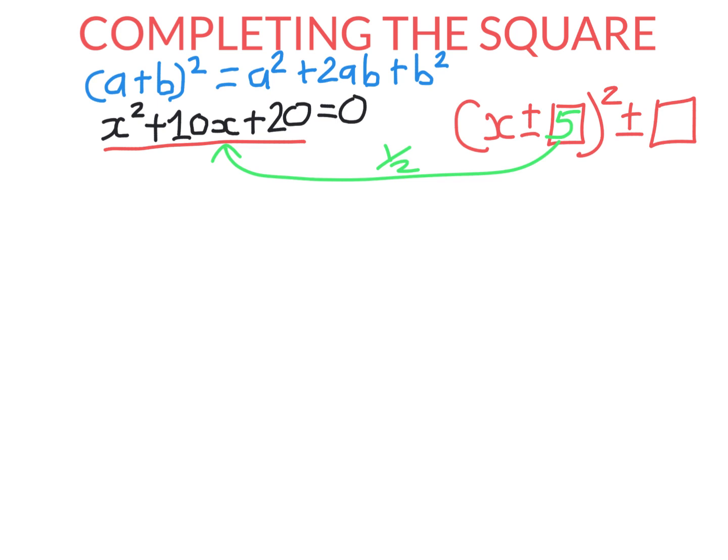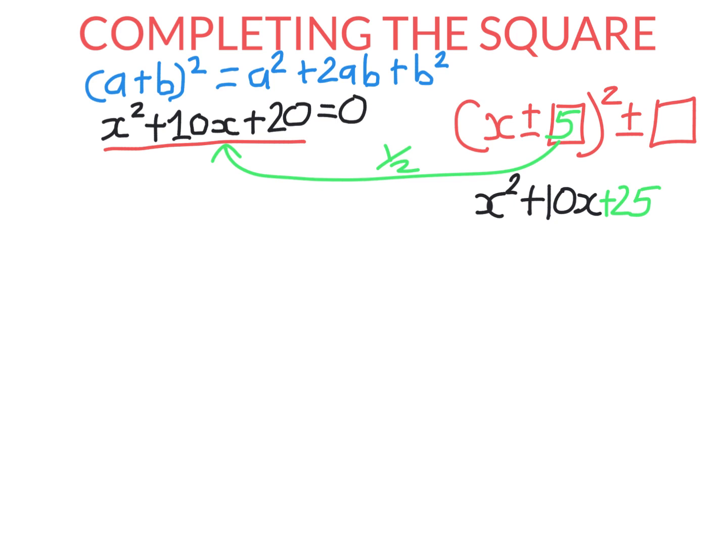Well, let's look at what happens when you expand x plus 5 squared. Using this rule up here, x plus 5 squared gives you x squared plus 10x plus 25. So that's what would happen if you were to expand this. Notice, when you expand a perfect binomial square, this number is always double that number.